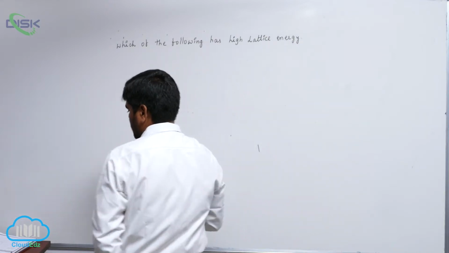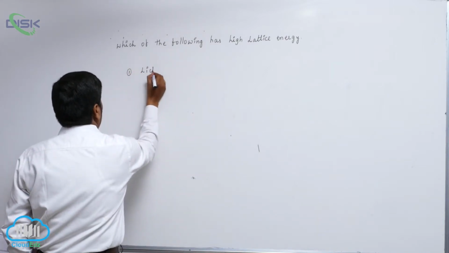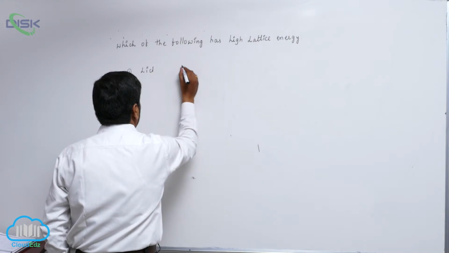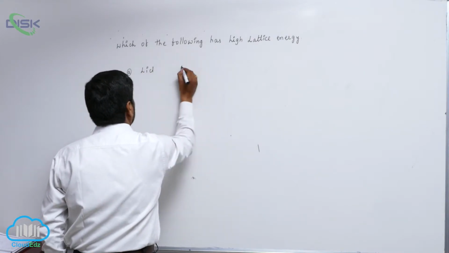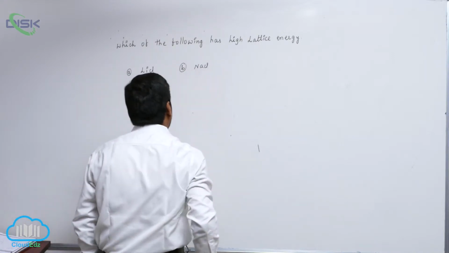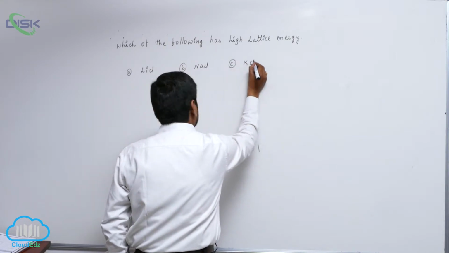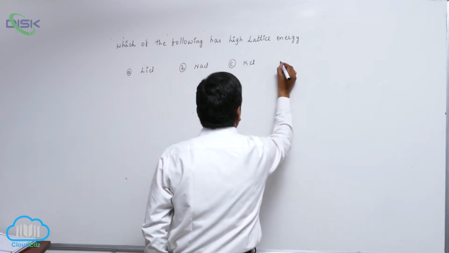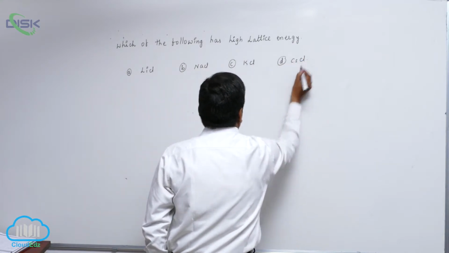Option A is lithium chloride, B is sodium chloride, C is potassium chloride, D is cesium chloride.